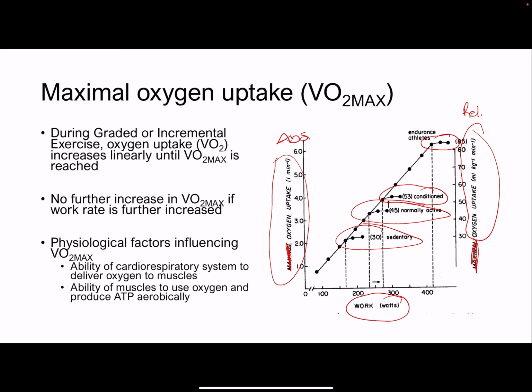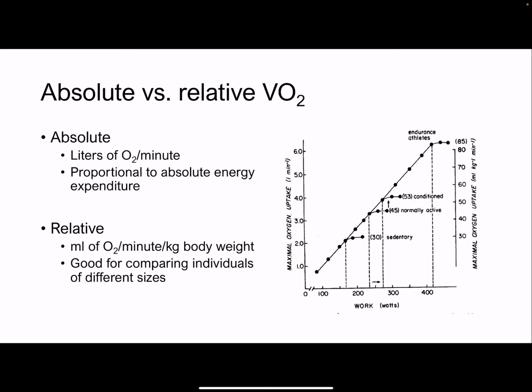We've taken up as much oxygen as we possibly can. This might be limited by our respiratory system's ability to get oxygen into our body, by our cardiovascular system's ability to deliver the oxygen to the muscles, or by the muscles' ability to take oxygen in. There are a lot of different factors that affect this. But even though we max out, we'll still be able to go a little bit longer because we're relying on those anaerobic systems.